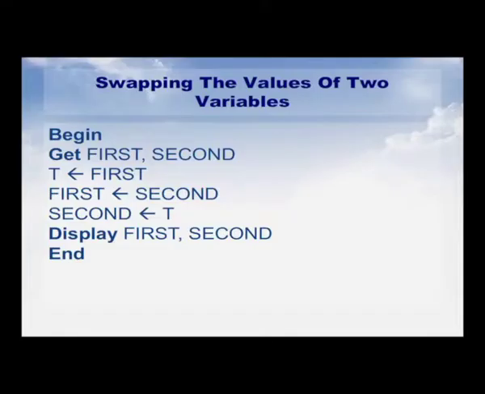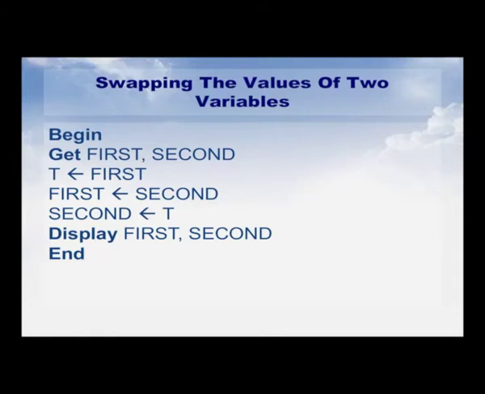We will write a pseudocode for one more example. Consider the problem of swapping the values of 2 variables. Here the first statement gets 2 values from the user, that is first and second. These values first and second are going to be swapped. To swap 2 values we need a temporary variable, so we create a temporary variable by the name t.